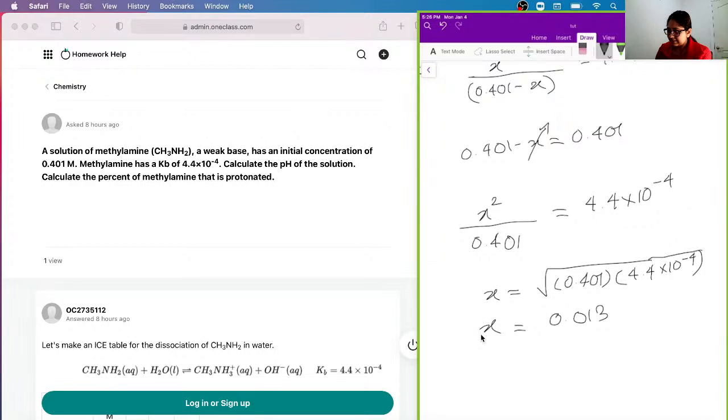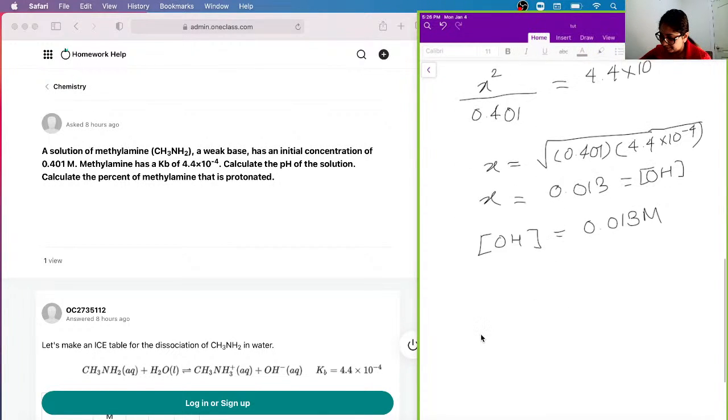Okay, and we could say that this is the concentration of OH. So the concentration of OH is 0.013 molars.